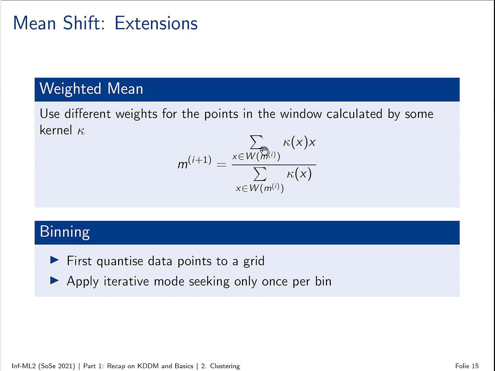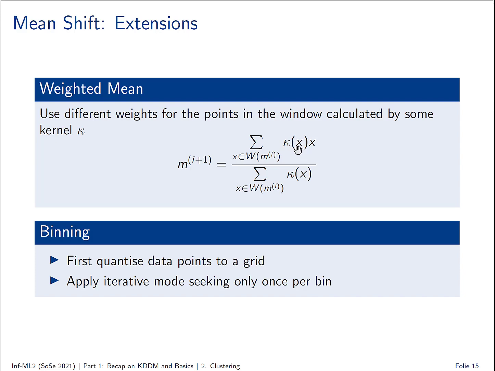So instead of just computing the normal mean, we compute a weighted mean. You can formulate that by means of a kernel function, which means you don't have to transform the data into the kernel space. You can apply different kernels, which is sometimes more handy to program and also to calculate.